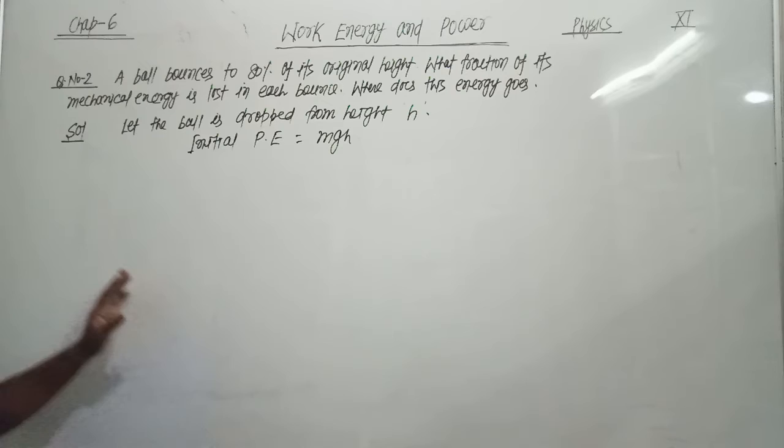We have supposed that the ball is dropped from the height h, so at the height h, the initial potential energy is mgh.